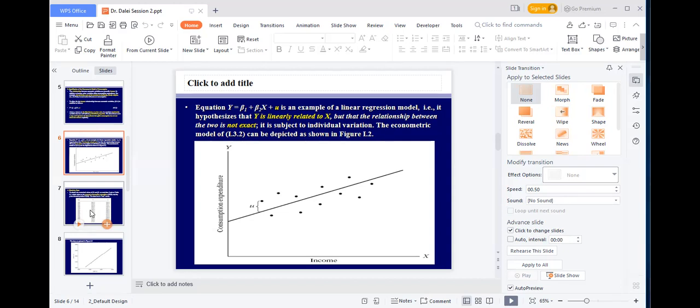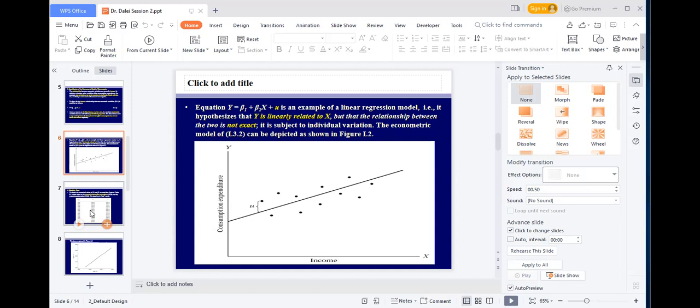Any point on this straight line, or on this regression line, is known as the deterministic component. And any deviation from this line is known as the random component. The total consumption expenditure, I can say, is found when we draw a perpendicular line from any dot point to the y-axis. That is the total consumption expenditure, right?